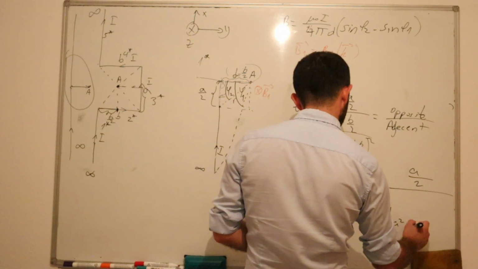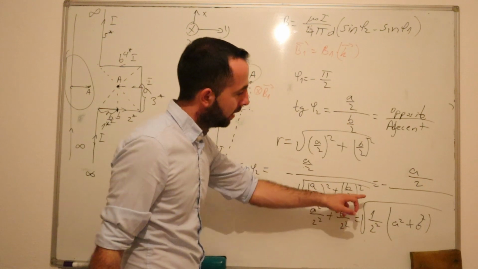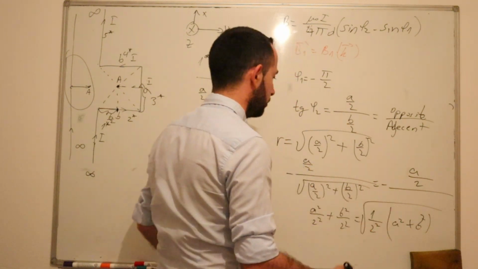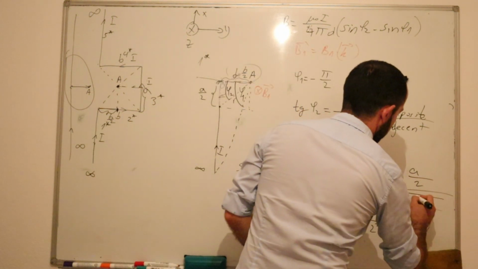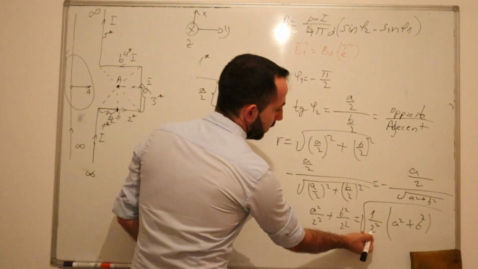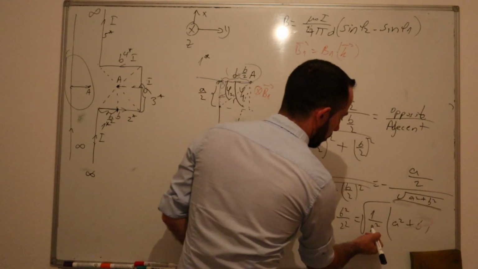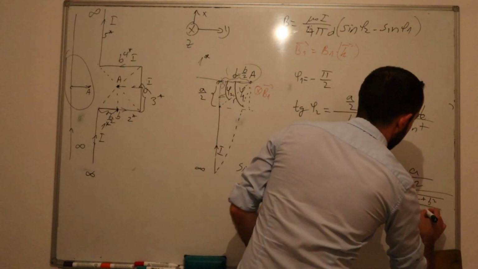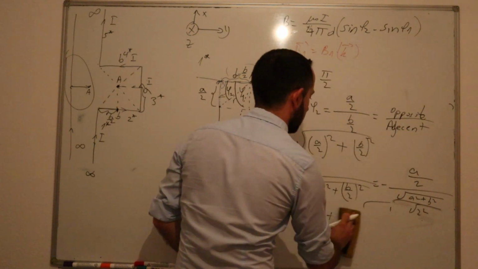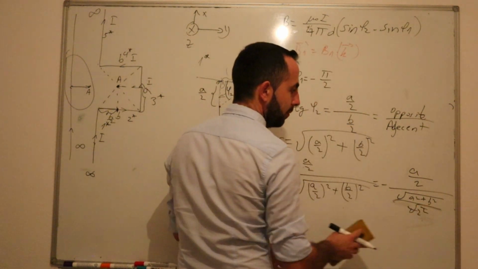We will have the root of a squared plus b squared over the root of 2 squared, which is only 2.